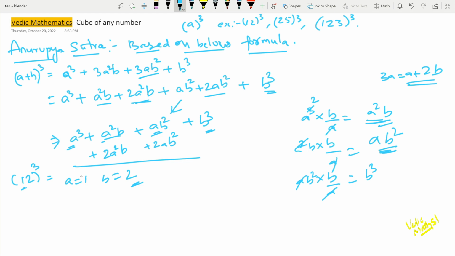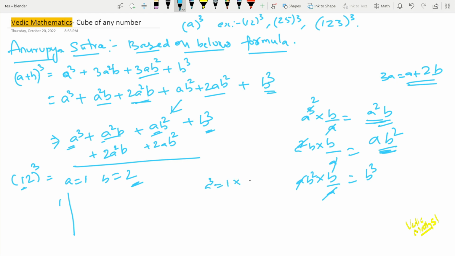So a is equal to 1, so a cube will be 1. Now you have to write something like this here, and then a square b. We have a cube equal to 1.